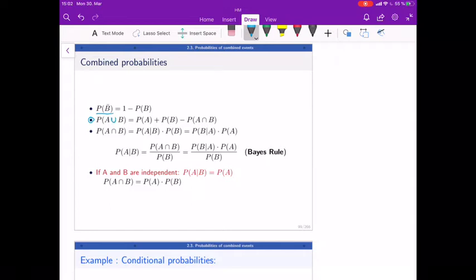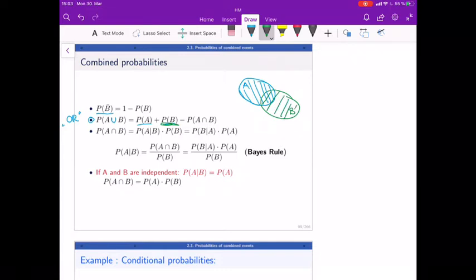So if you have a combined event with a union, the probability of A or B, or A union B. Obviously we can think about it as the probability of A plus the probability of B. But if you look at it in a Venn diagram style, if this is event A and this is event B, you've got a probability for A, so you're taking all that, and then you're adding the probability for B, which is all that.